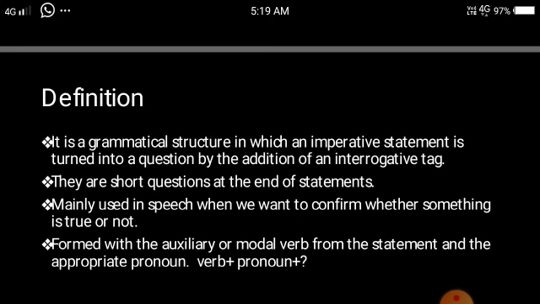Now what you are going to do is take the helping verb or the modal or the auxiliary, is, and make it negative, because this is a positive statement. You're going to make it negative. Is changes to isn't, and after that you're going to add the pronoun it.